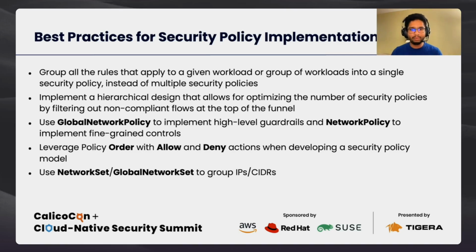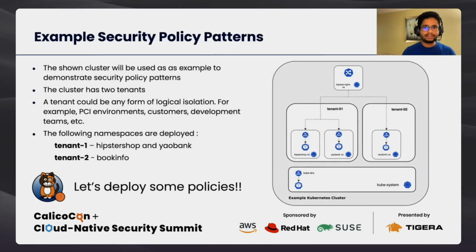This is a powerful capability in Calico policies. Also use network sets and global network sets to group IPs and CIDRs so that they could be referenced by even multiple policies. Okay, it's just a bit more efficient doing it that way, right? So with these best practices in mind, let's look at some example security policy patterns.